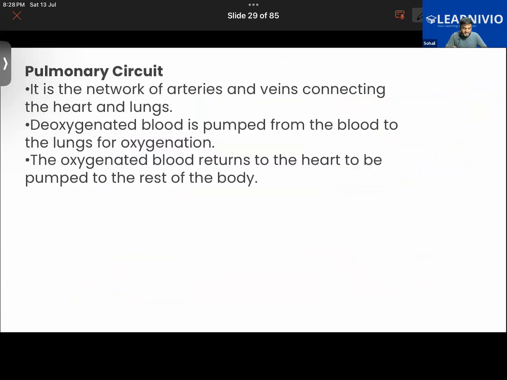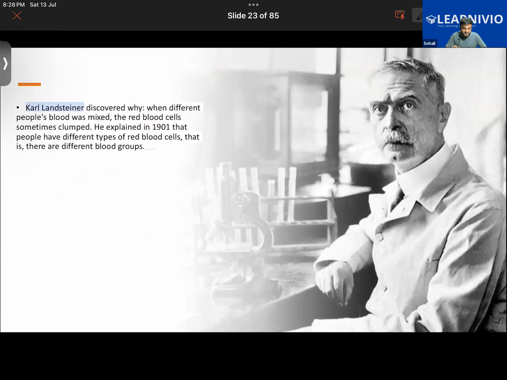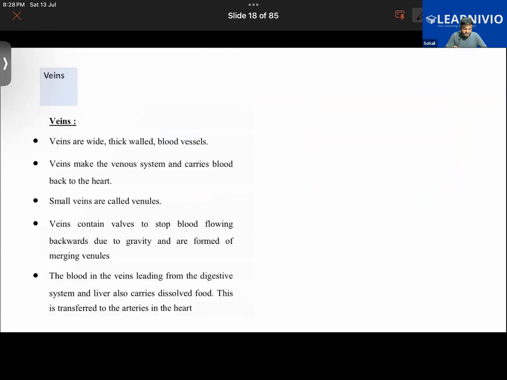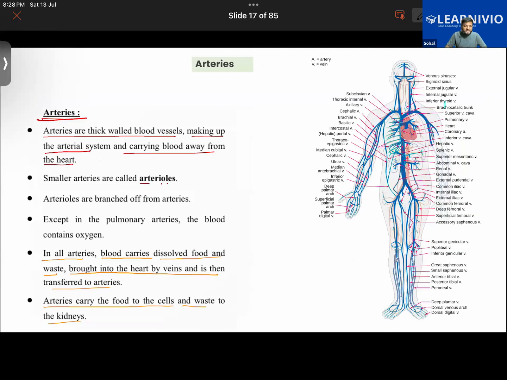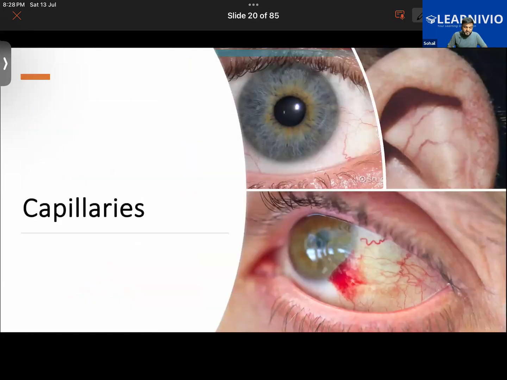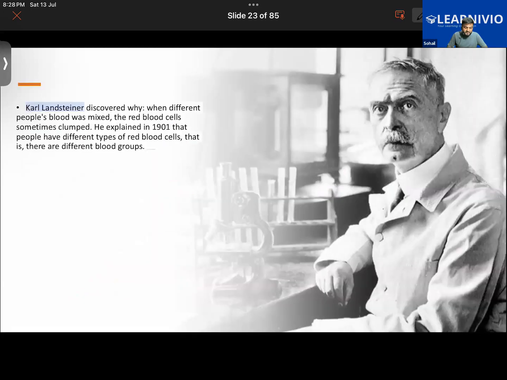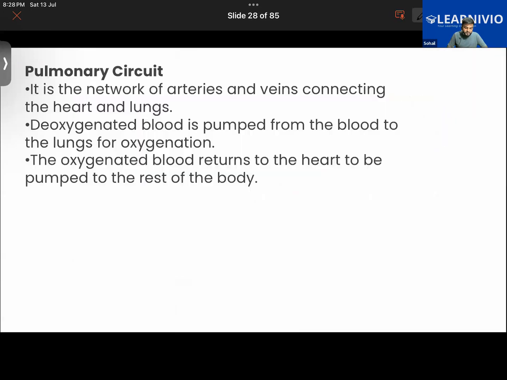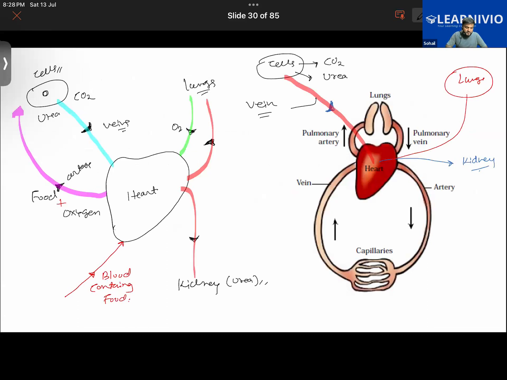Hope you guys are understanding that. So what we have learned so far about the arteries is that in all the arteries, blood would be carrying dissolved food. It would be carrying dissolved food brought into the heart by the veins. So the veins, see over here, have brought carbon dioxide and urea and other waste into the heart.